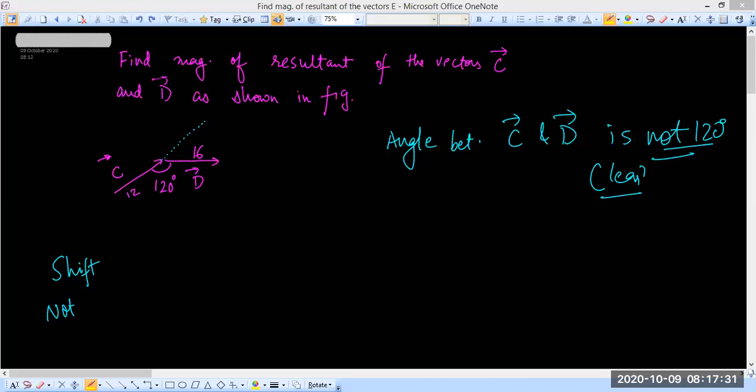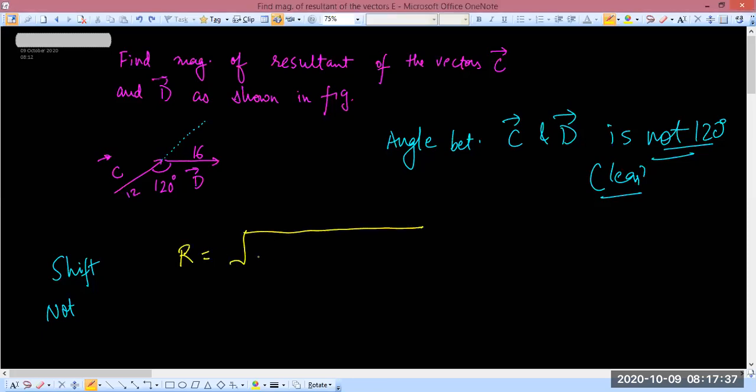Okay, let's check. So R, the magnitude of resultant, is equal to the square root of a square plus b square plus 2ab cos 60. Here it's going to be 60 because theta is 60, right? But actually it's not a and b here, it's c and d.